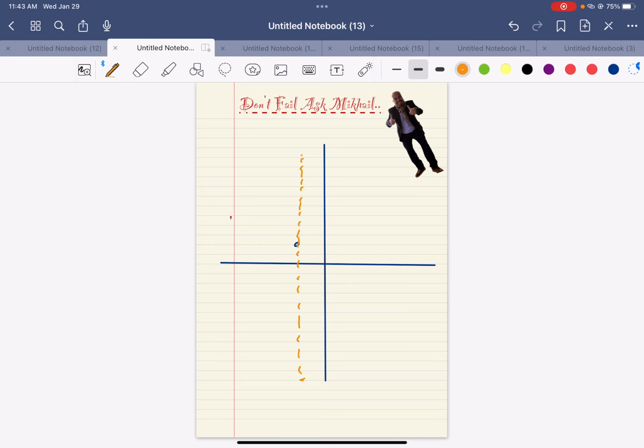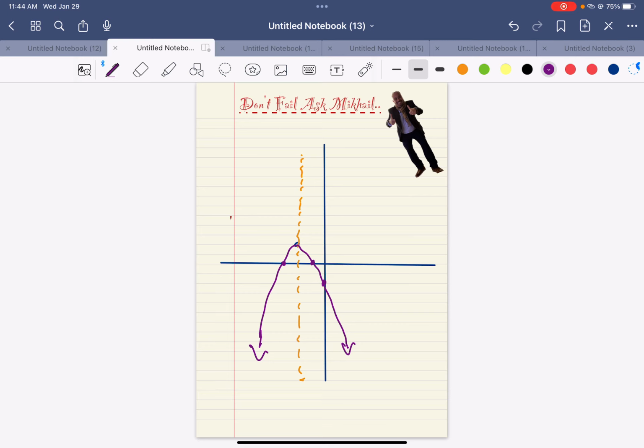Then I plot the two intercepts, negative 1.7 and negative 0.3, and the y-intercept is negative 1. Now when I connect all these points, I get a good picture of the graph.